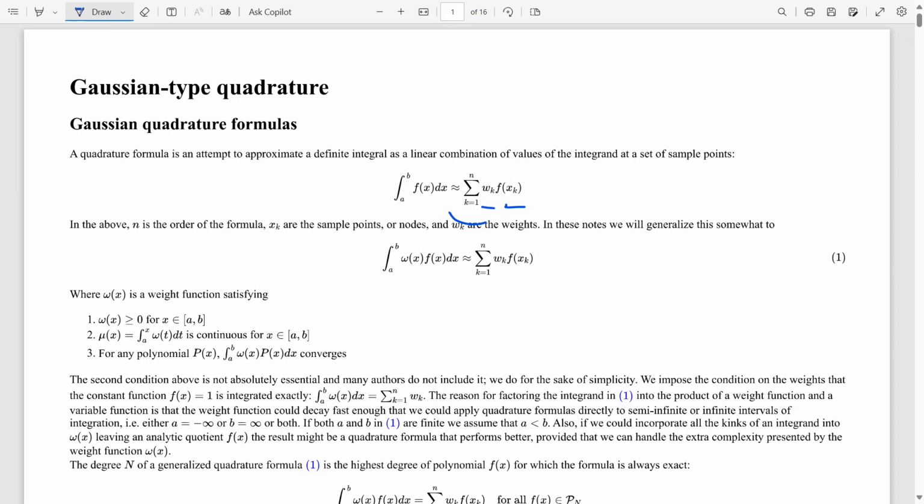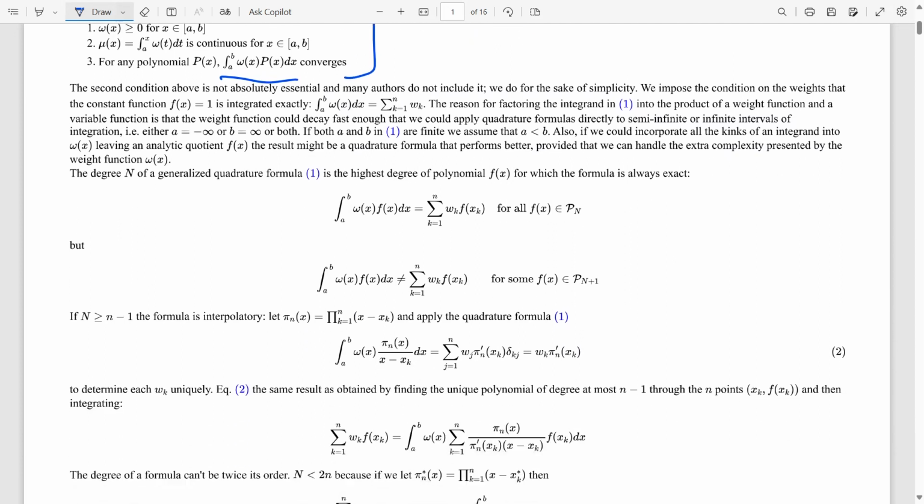In Gaussian-type quadrature, it is possible to introduce a weight function, omega of x, which is non-negative, doesn't incorporate Dirac delta functions, and for which this integral converges for any polynomial p of x. The weight function could decay fast enough that either of the limits of integration could be infinite.